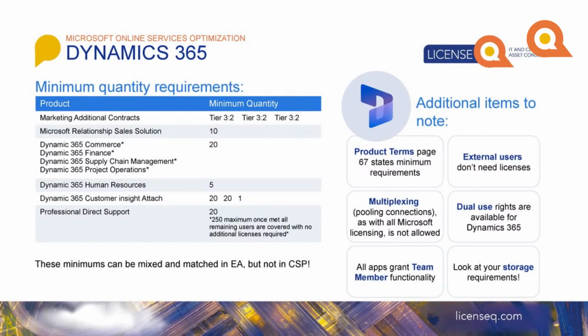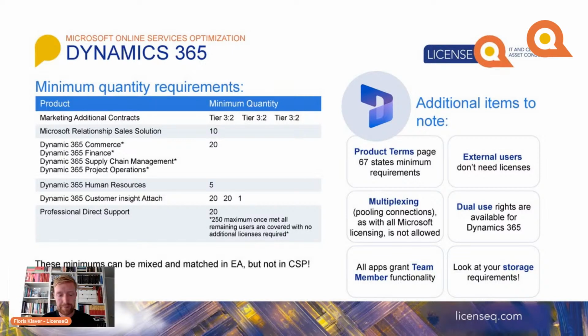Then some additional things that might lead to you needing to buy more licenses than you need. There are minimum quantity requirements that you have for your tenant. So Microsoft doesn't just let you buy one license of a Dynamics application and start using it as you please, but you would need to look for these minimum requirements.